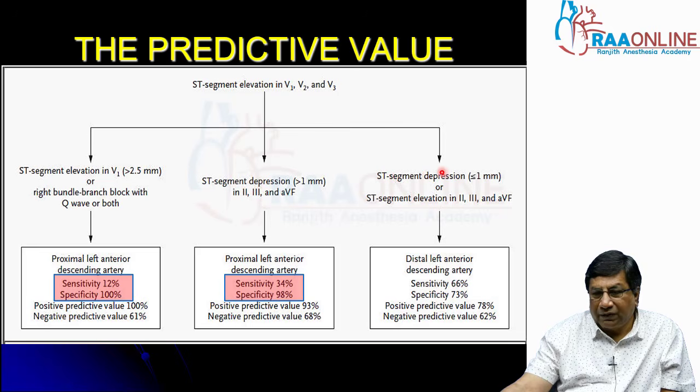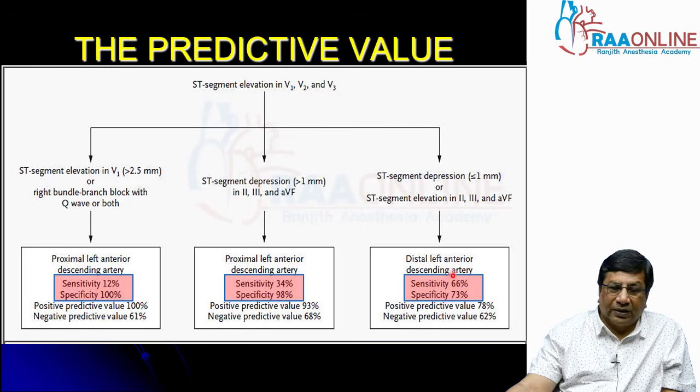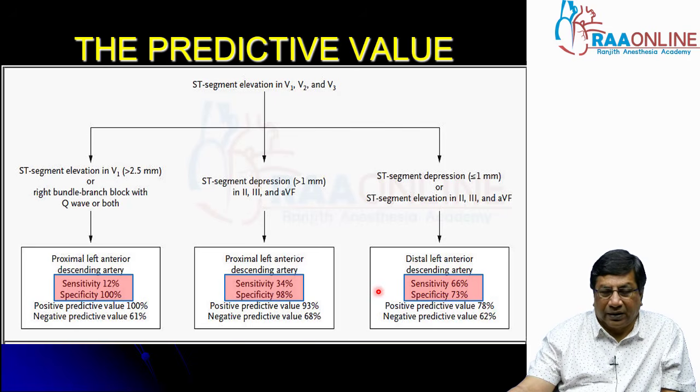Whereas if you don't have ST segment depression or you have ST segment elevation in inferior leads, predicting a distal left anterior descending artery lesion has reasonable sensitivity and specificity. So this is the scientific evidence and the basis of locating the LAD lesion.